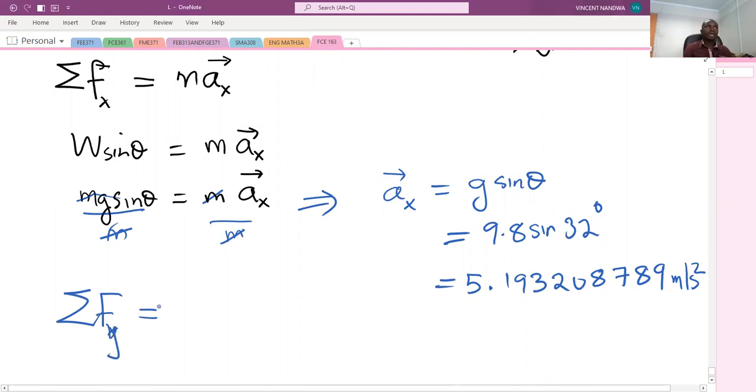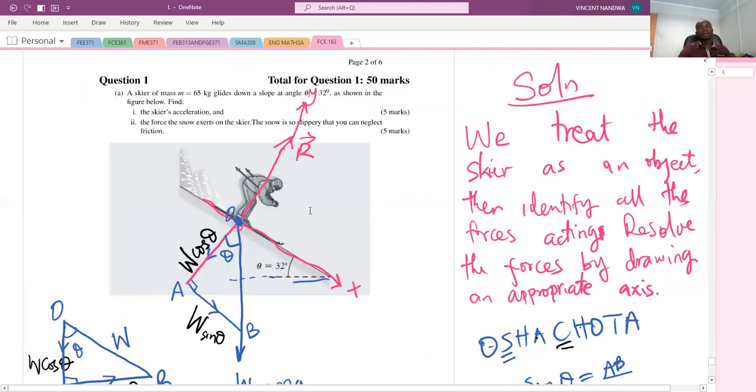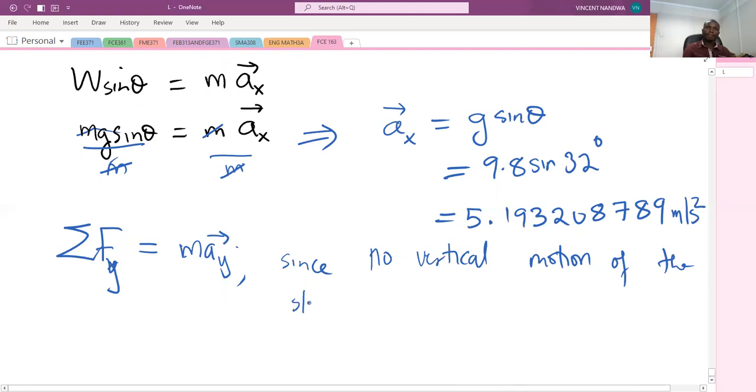The summation of forces acting in the vertical direction is given by this formula. Since this object is not moving in the vertical plane, the acceleration in the vertical direction is 0.